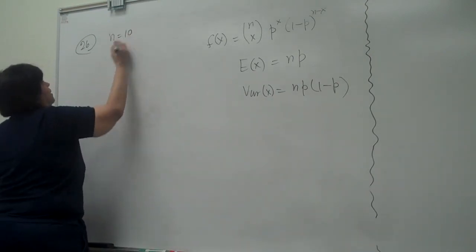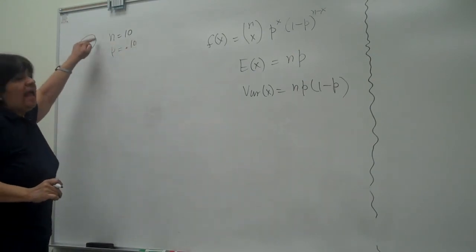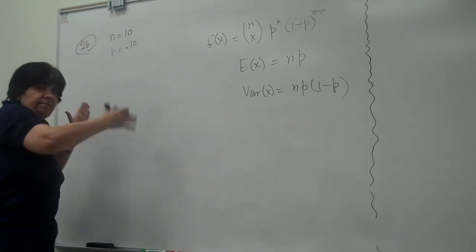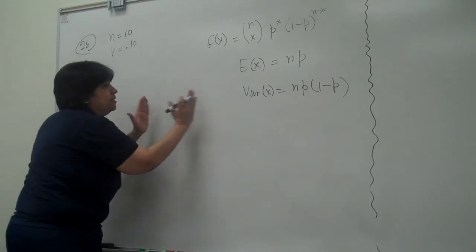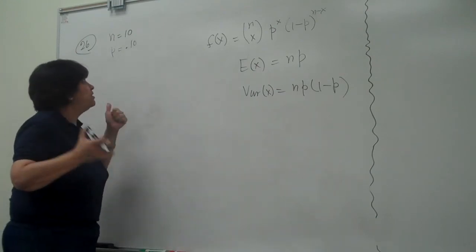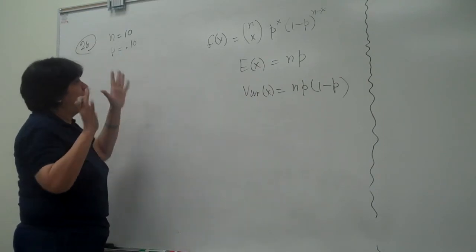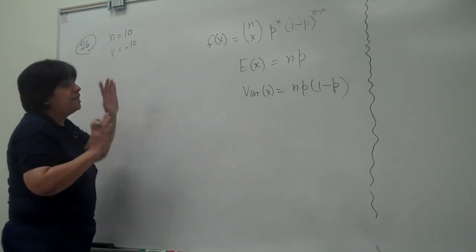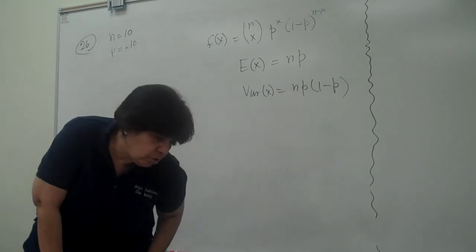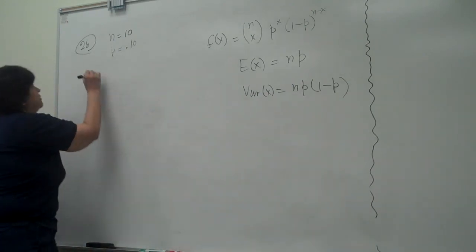So we have 10 steps, okay? And in each one of these steps, the probability of success is equal to 0.1, so the probability of failure is equal to 0.9. Whatever it is, I don't care what it is, success and failure, but they said that the probability of success is 0.1. And they want us to compute f of 0.